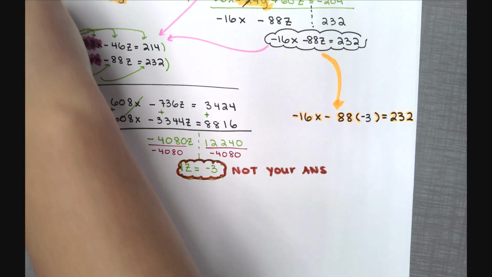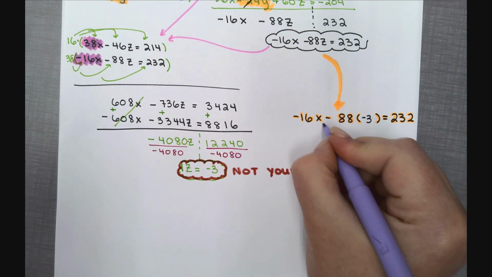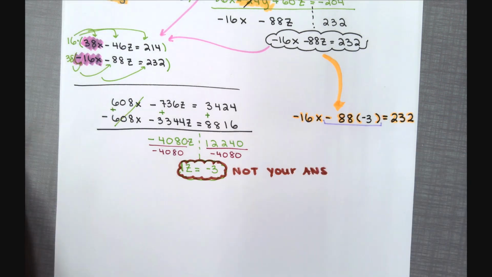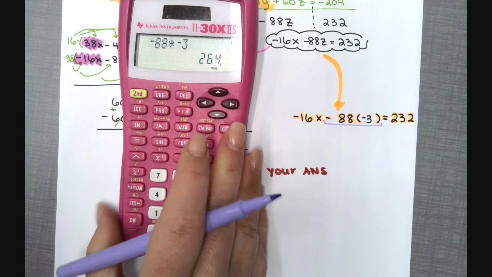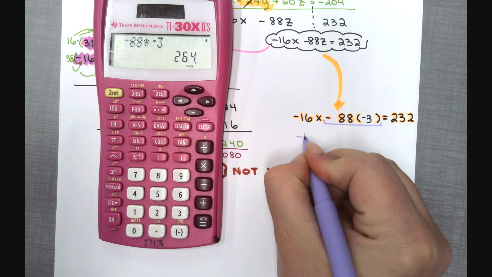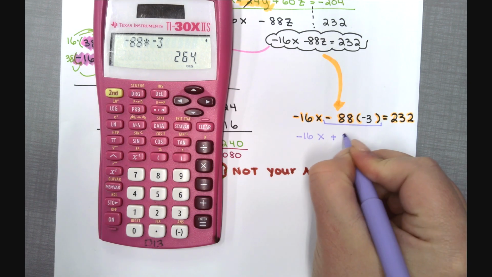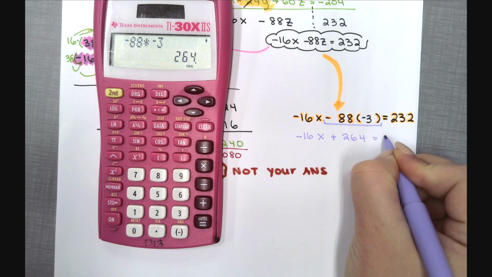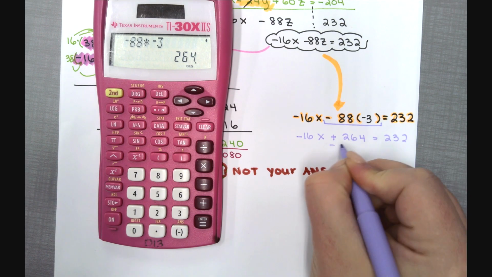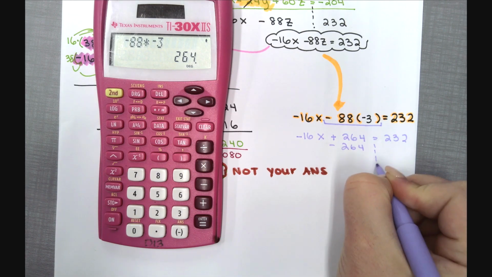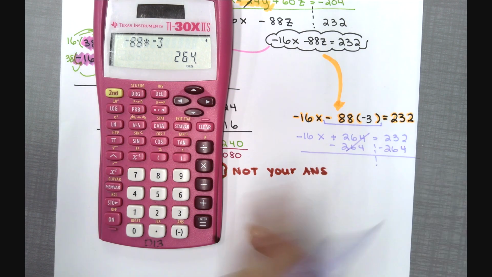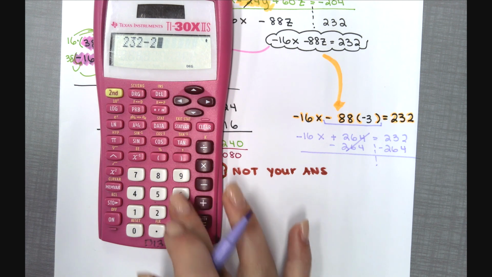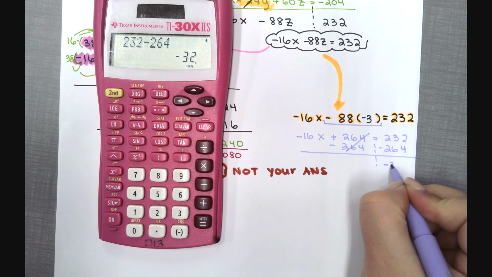When you type this into the calculator, please be careful of what you type in. This is a negative 88 times a negative 3. Negative 88 times a negative 3 gives me a positive number. So negative 16x plus 264 is equal to 232, minus 264, minus 264. 232 minus 264 is negative 32.